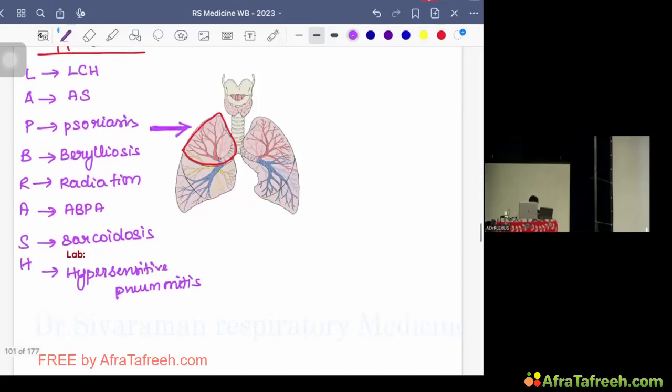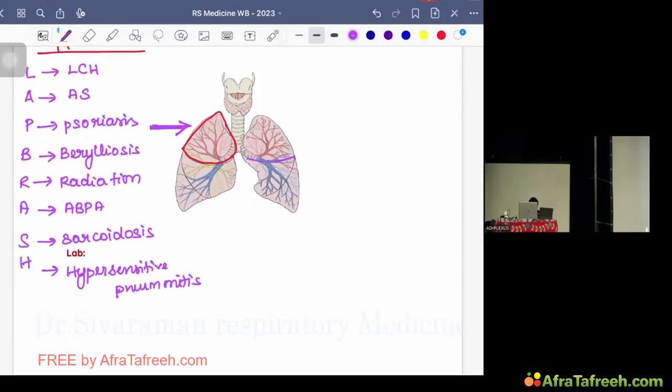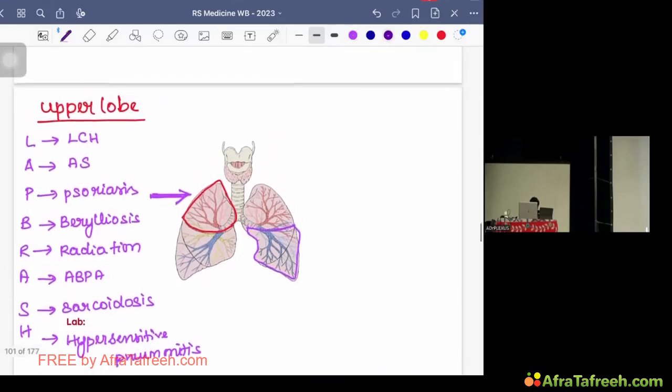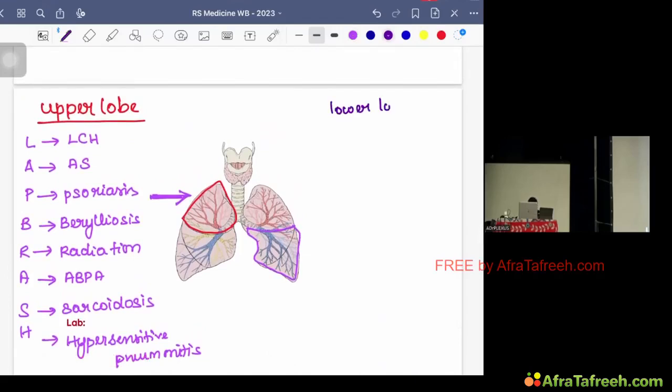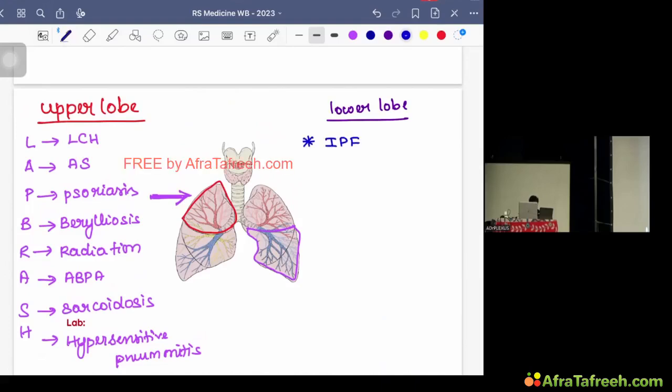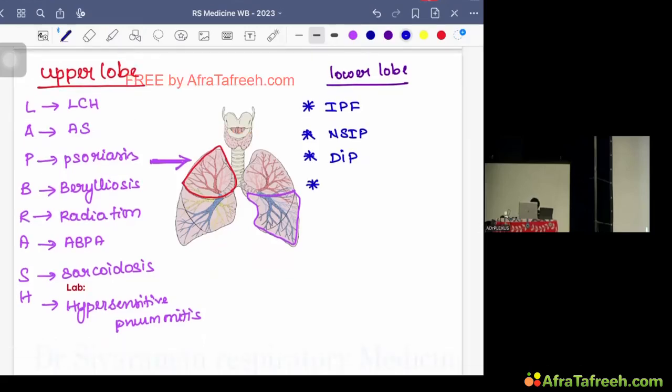If you take lower lobe predominant conditions, the first is idiopathic pulmonary fibrosis, NSIP, and DIP, desquamative interstitial pneumonia. Connective tissue disorders other than ankylosing spondylitis and psoriasis are lower lobe predominant.